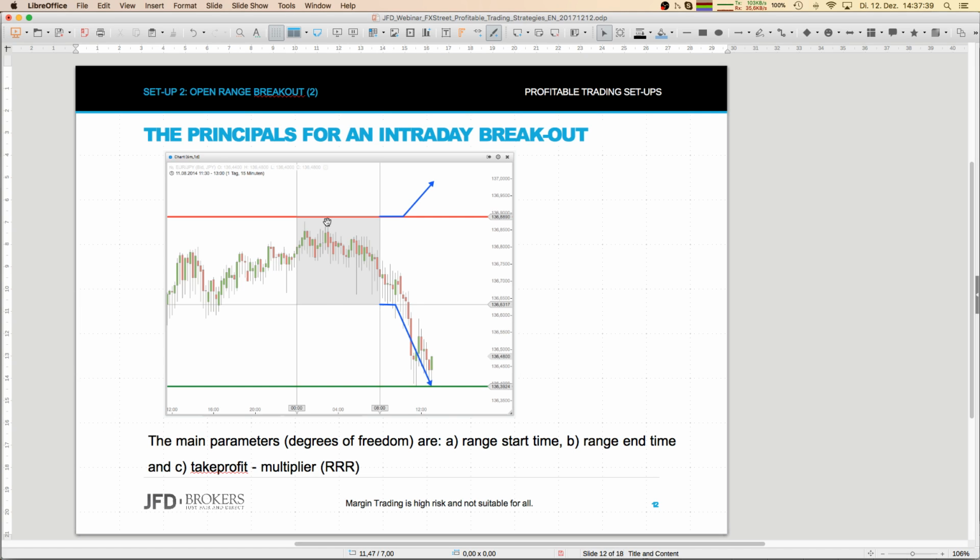So now it comes to 8 o'clock. At 8 o'clock, when the range end time is reached, then we place 2 orders. The buy stop here and the sell stop here. And for the next couple of minutes, we do nothing. We wait until one of those 2 trades, pending orders, is activated, in my case, the short side, and then we delete the long trade, and hopefully the price goes exactly in our direction.